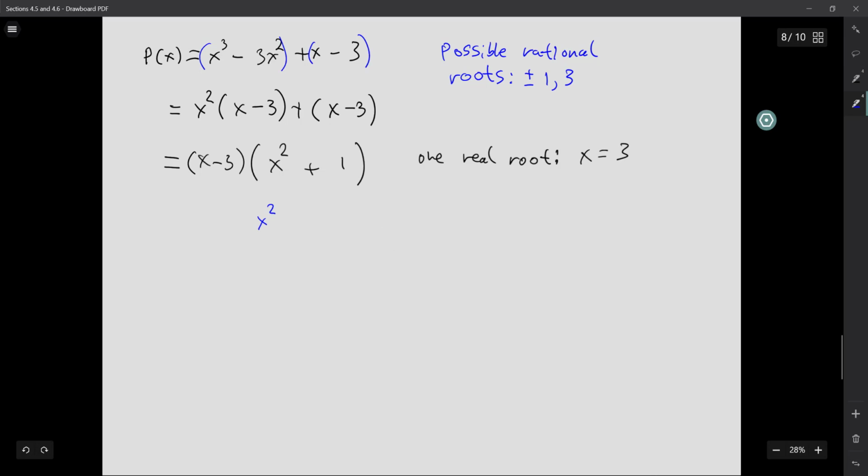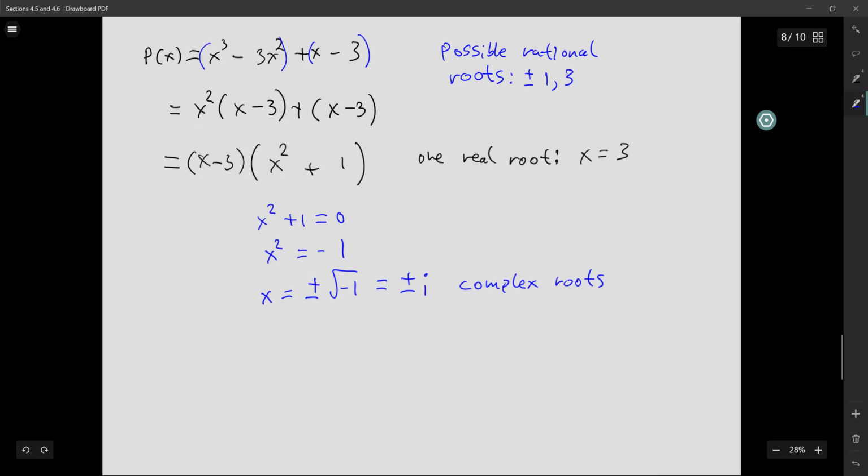So if x squared plus 1 is equal to 0, that means x squared is equal to minus 1, which means that my x is equal to positive or negative square root of negative 1, which is plus or minus i. So these are my complex roots.